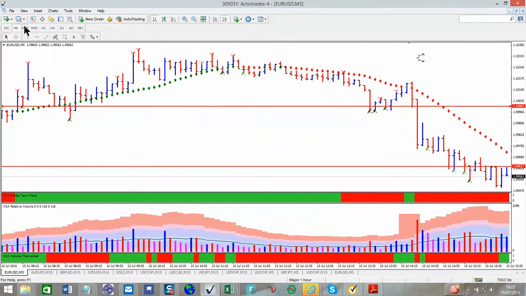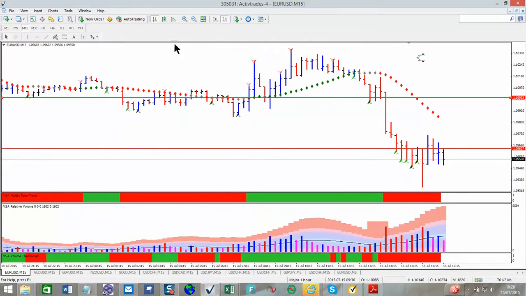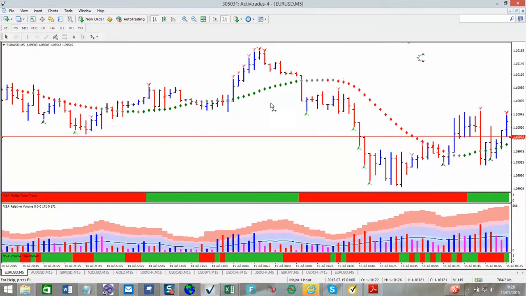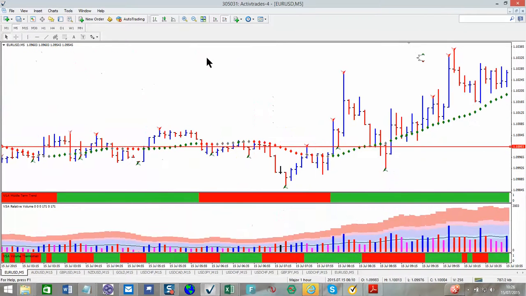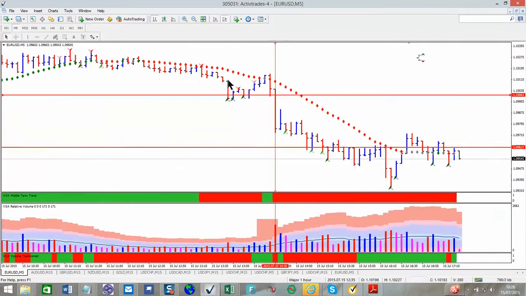I'm going to go back and mark that bar on the 15. So what I've done is I've just marked this bar on the 15, so I can see it more clearly in the 5 minute.